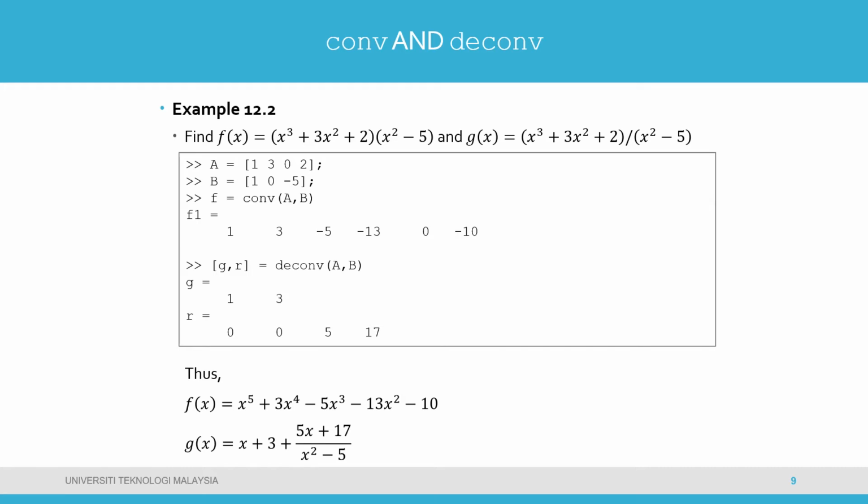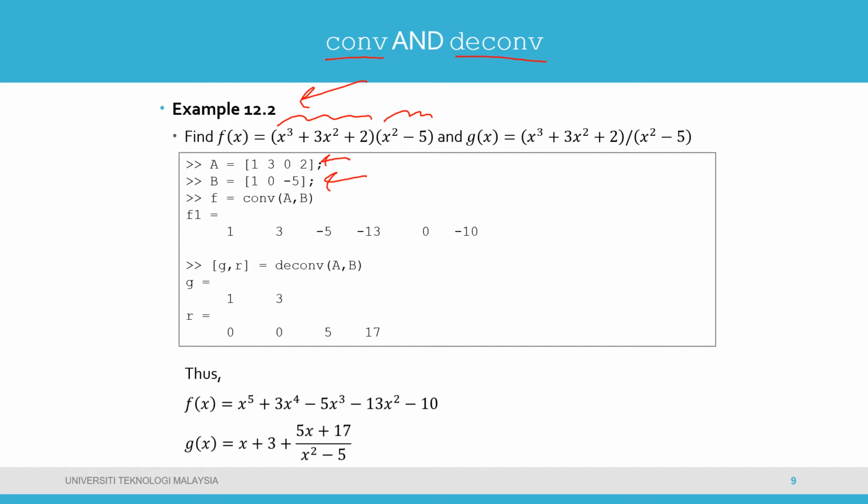Okay, so we start with example number 2, on multiplication and division. So you have function a is this one and function b is this one. So 1 3 0 2 is just this one, and 0 1 negative 5 is this one.